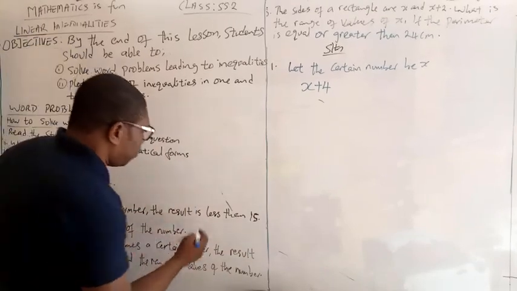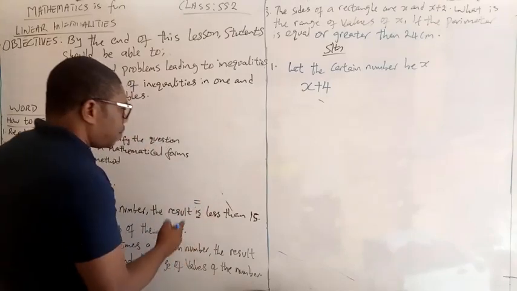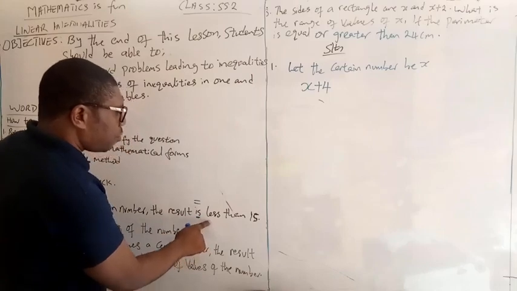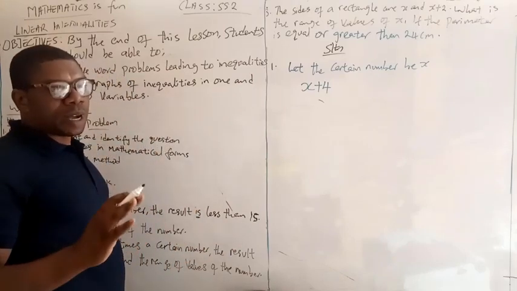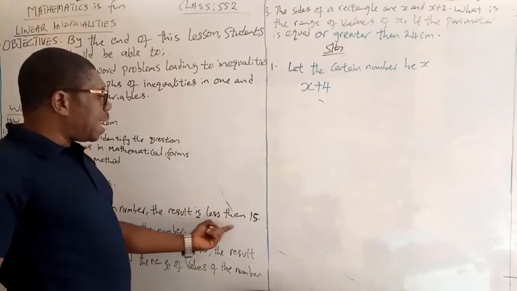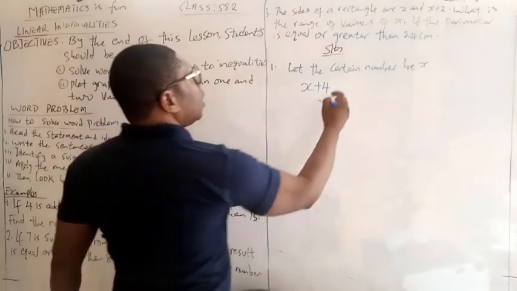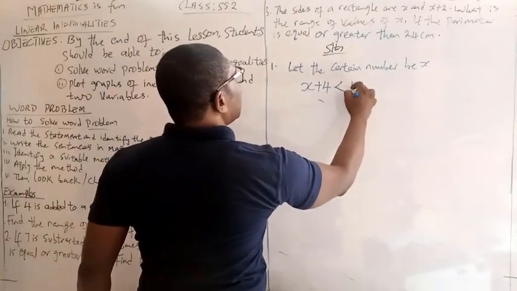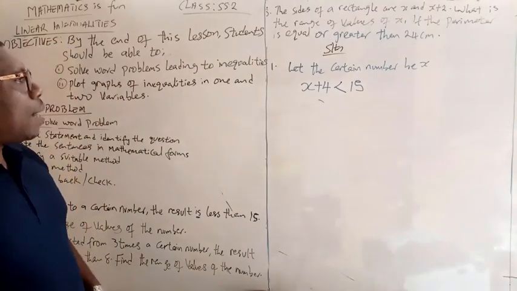Originally, you would have used the equal to, but for the fact that you have less than, equal to is not applicable. So you say it's less than 15. The sign for less than is the left elbow, and you have less than 15.